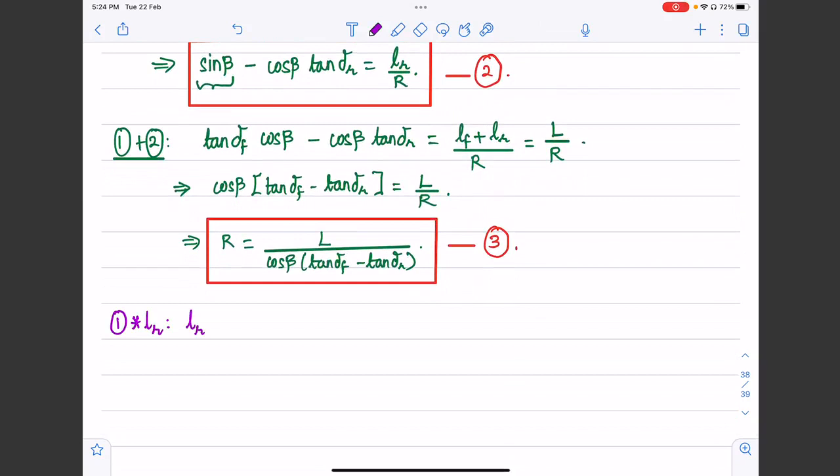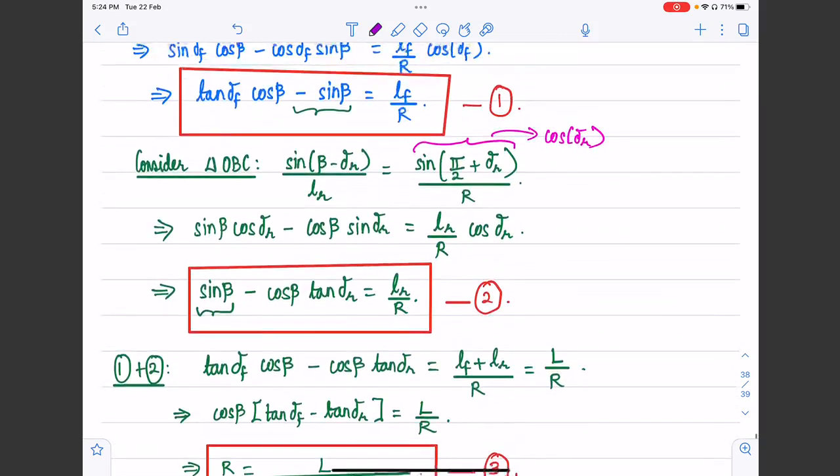I'll get LR tan delta F cos beta minus LR sin beta is equal to LF LR divided by capital R. We just took equation number 1 and multiplied both sides by LR. That's all we did.